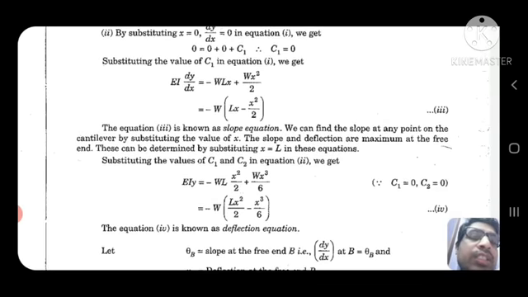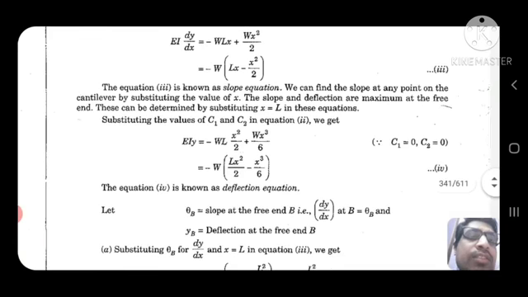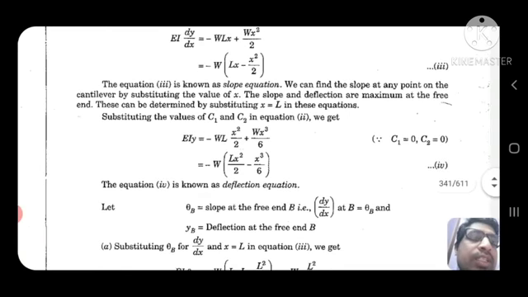Substituting the value of C1 in the equation, EI dy by dx equal to minus WLX plus WX square by 2, that is equal to minus WL times (x minus x square by 2). This equation is known as the slope equation.